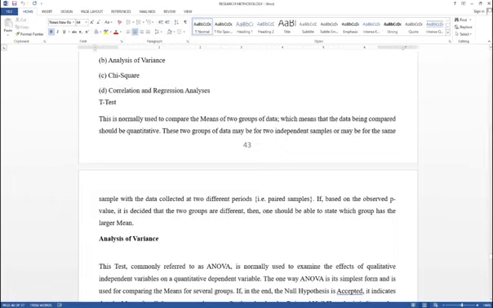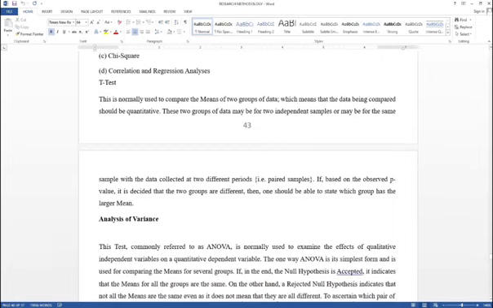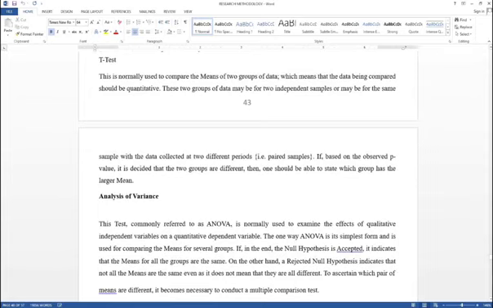Now that takes us to analysis of variance. This test is commonly referred to as ANOVA, AN for analysis, O for of, and VA for variance. It's commonly referred to as ANOVA for short.